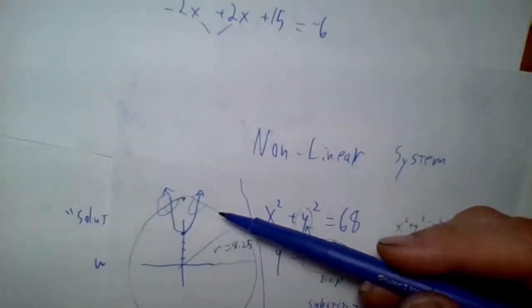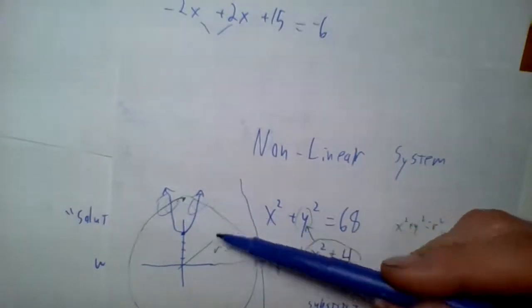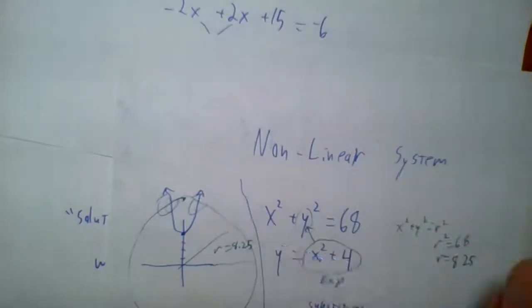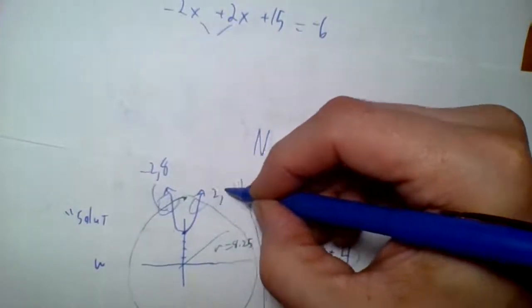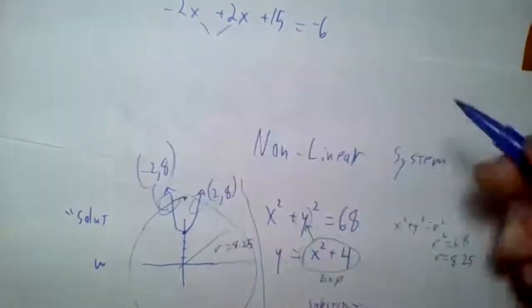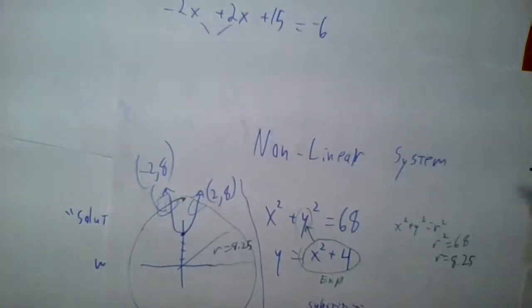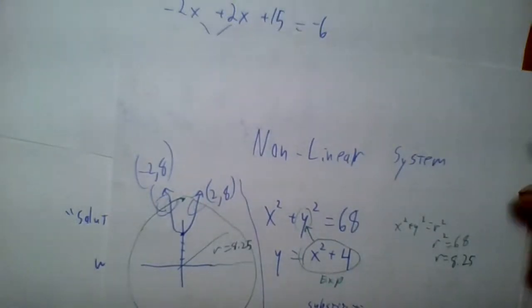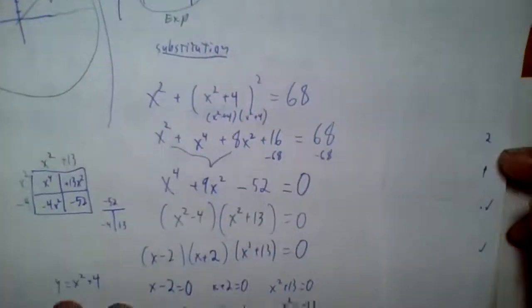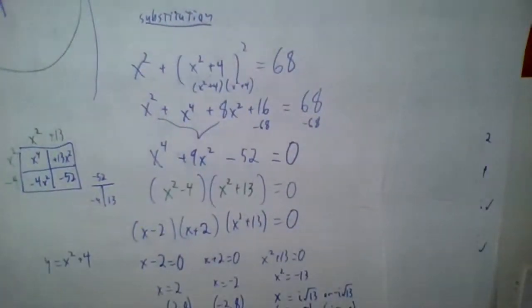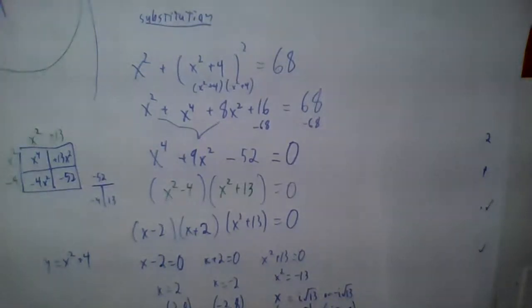We'd have these 2 points up here in the mirror image, negative 2, 8 and 2, 8. Those are the two that show up on the graph. And then you have a couple of non-real solutions involving i. And that'll happen with some of these equations. That's a little extra practice on it.